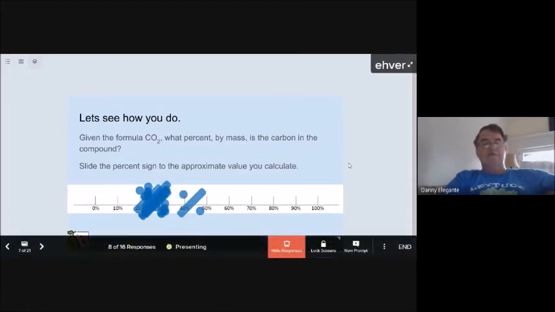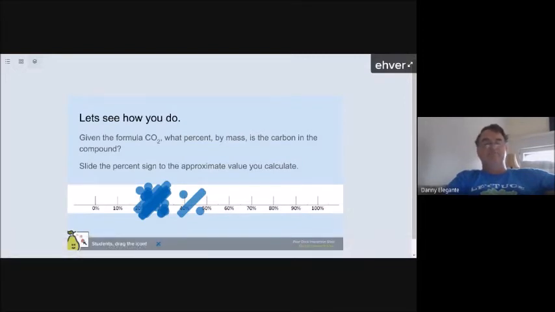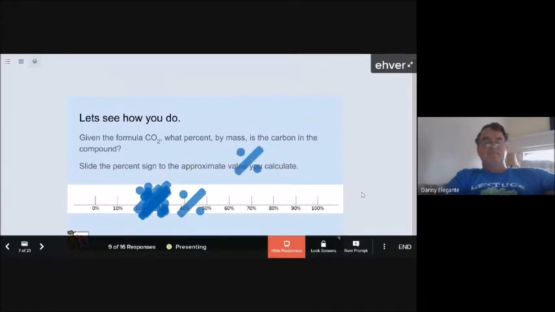All right, that's half of y'all. That's great. Let's see if the other half can get in too. Where do you think it is? What percent is carbon in the carbon dioxide? 9 of y'all so far.